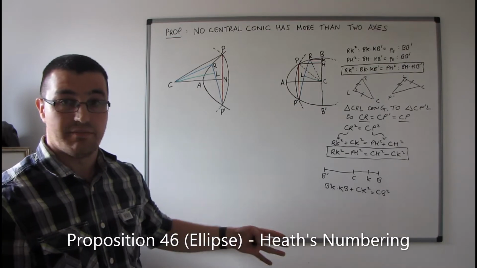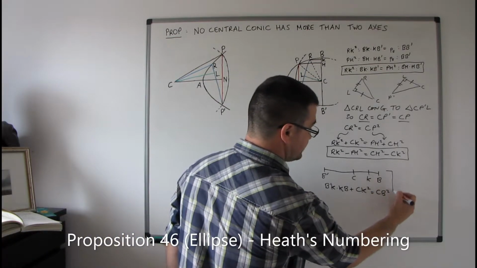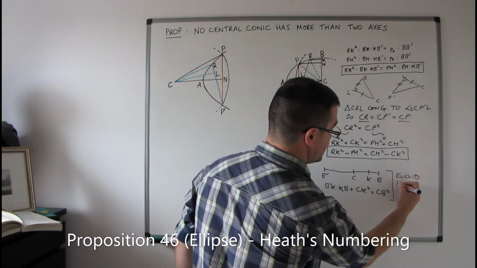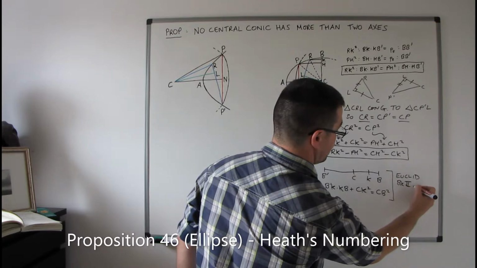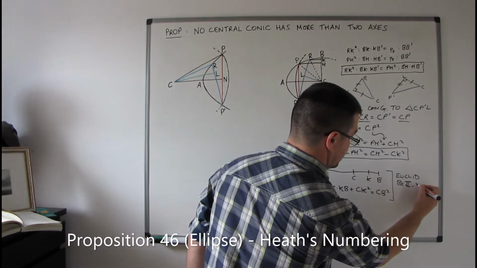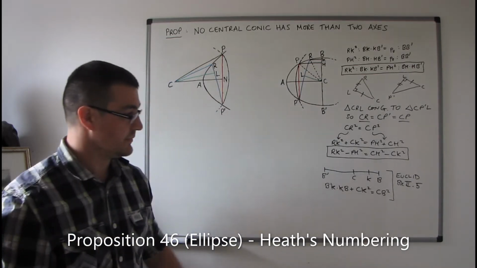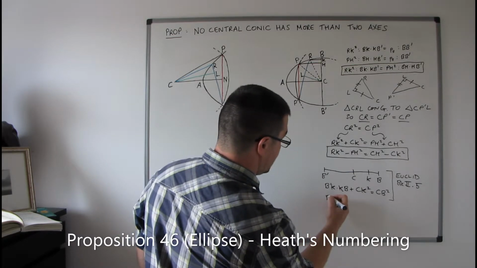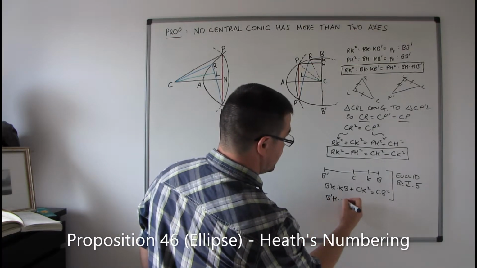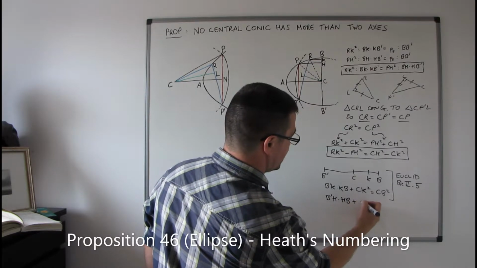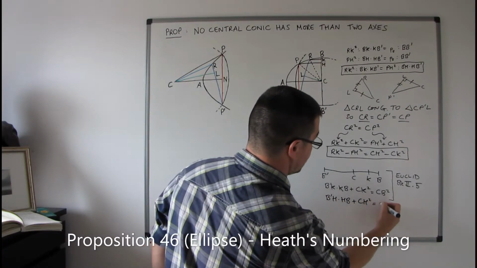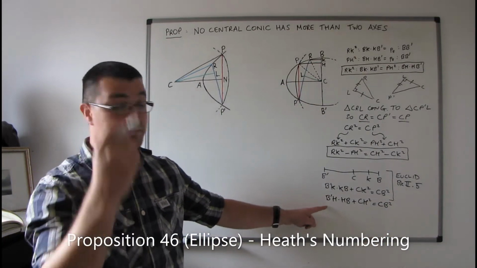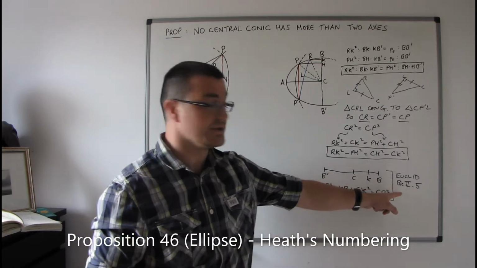Now this seems like a bit of magic. Where did this come from? This is from Euclid, Book 2, Proposition 5. That says this. And in a similar way, we can say that B primed H times HB plus CH squared is also equal to CB squared. So both of these follow from the same proposition in Euclid.